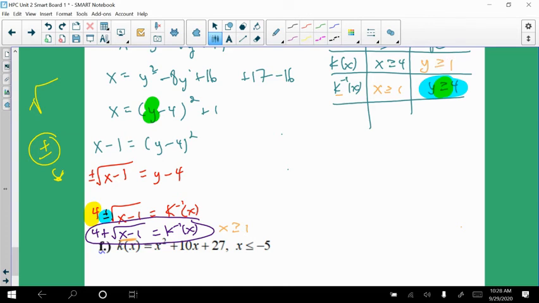And think about, where did that come from? Oh yeah, vertex form, right? So initially, if I left this as y equals x minus 4 squared plus 1, and I drew its graph at 4, 1, and I knew that this parabola existed here, then yeah, I would know the range is greater than or equal to 1. And that's exactly what I had there.